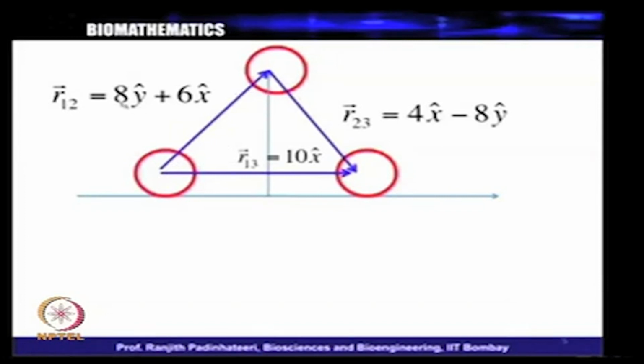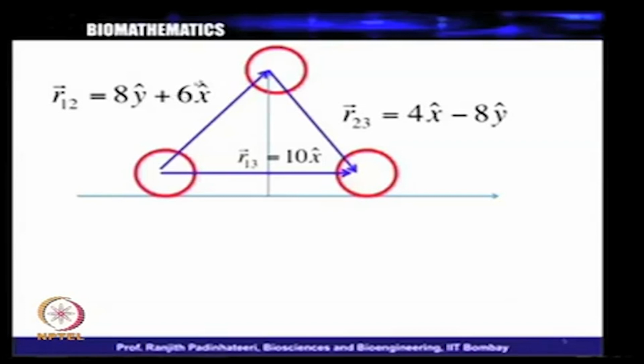Now, there is a meaning for all this. Think about what exactly 8y plus 6x means. You can call it 8y plus 6x or 6x plus 8y; they are the same. What does this mean? It says that to go from the first charge to the second charge, you have to go 6 along the x direction and 8 along the y direction.